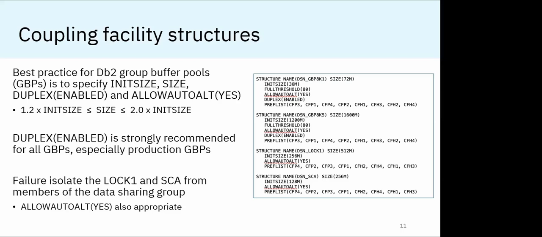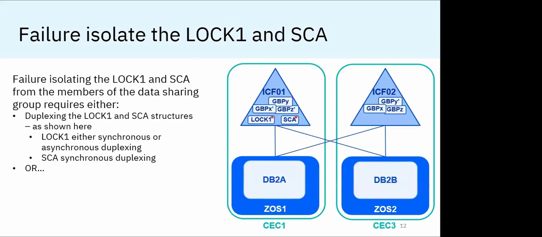For the lock one and the SCA, you also want allow auto to be yes, that is appropriate. But definitely for group buffer pools, duplex enabled is strongly recommended. If we do not see this enabled, we will definitely tell the customer to set that if they can to enabled. And then failure isolation of the lock one and SCA is very important as well.